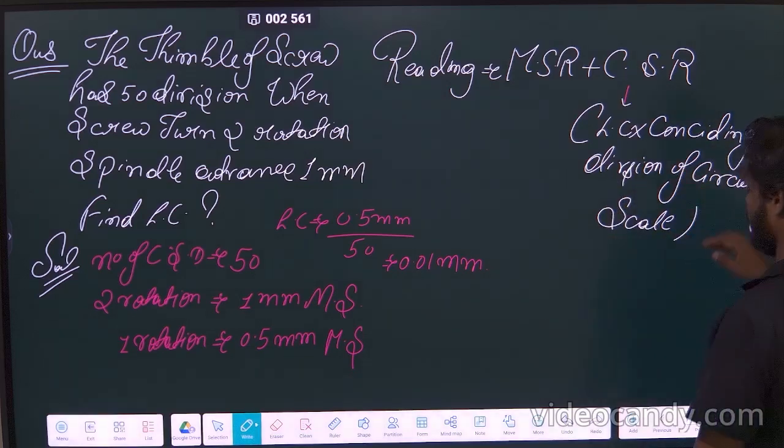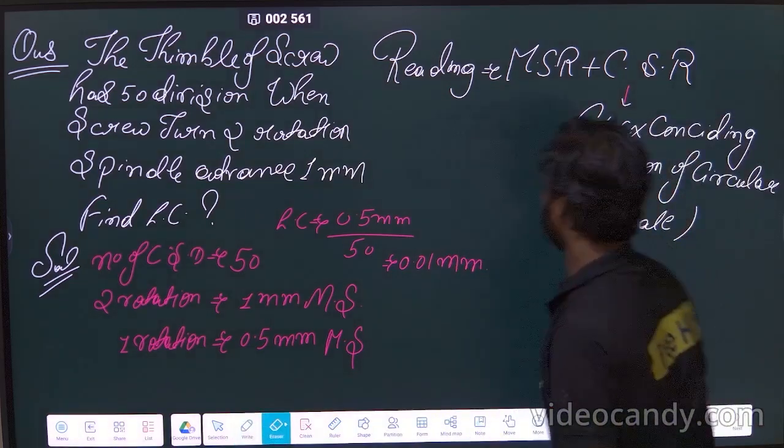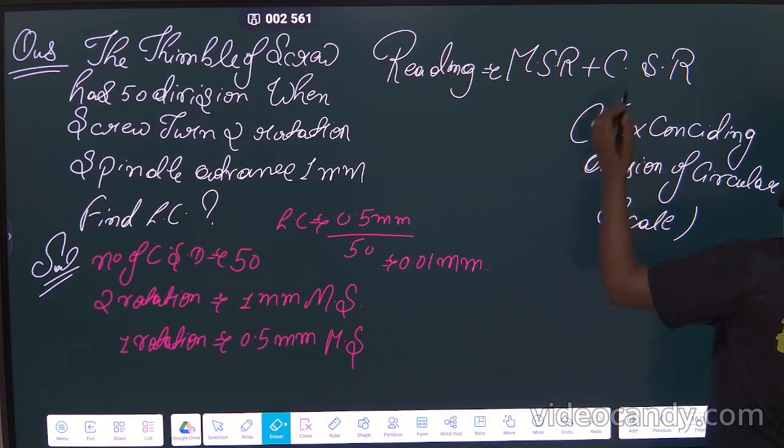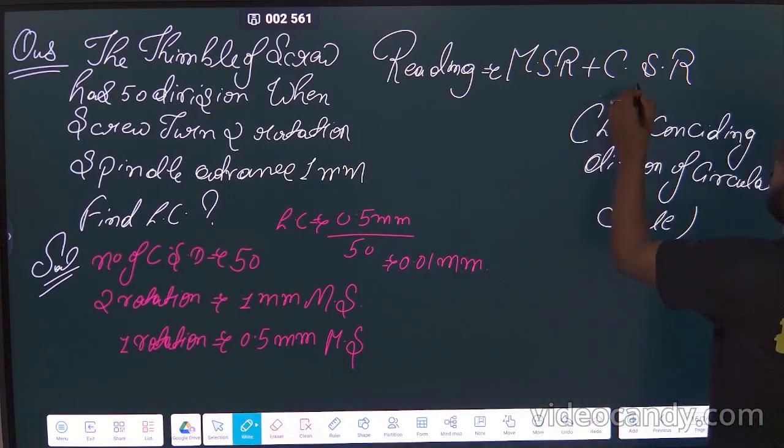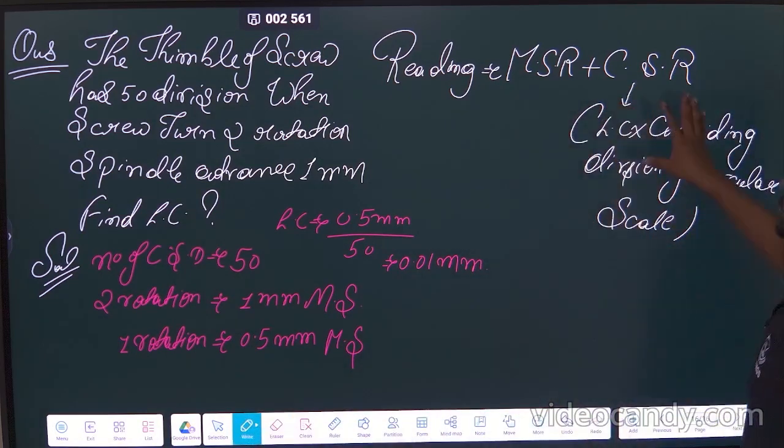That is my simple thing. Okay, same as that of vernier caliper. There is no difference. Least count into coinciding division of the circular scale.